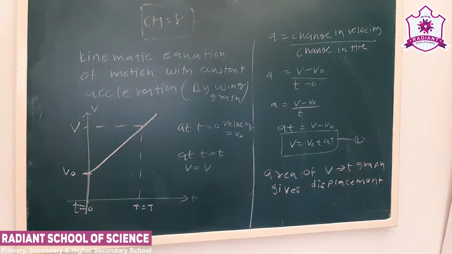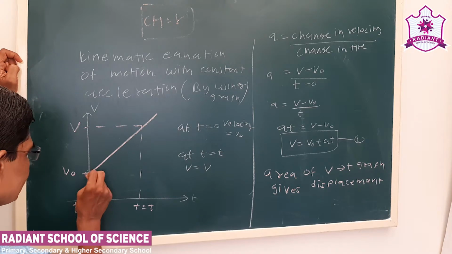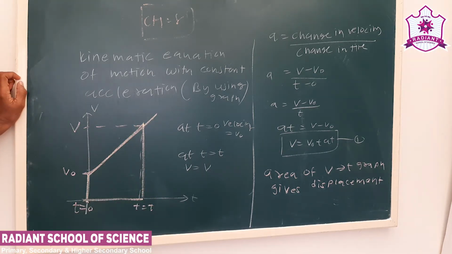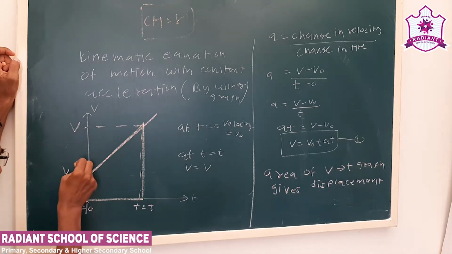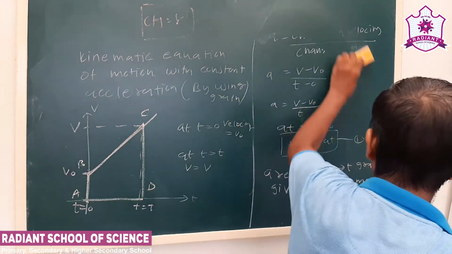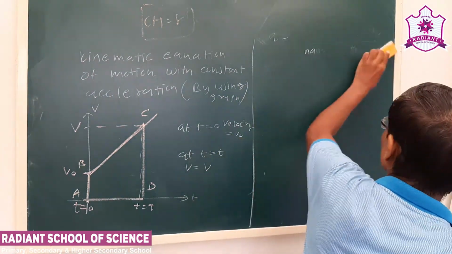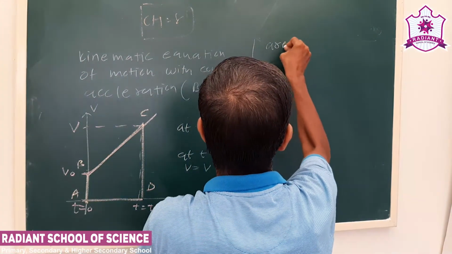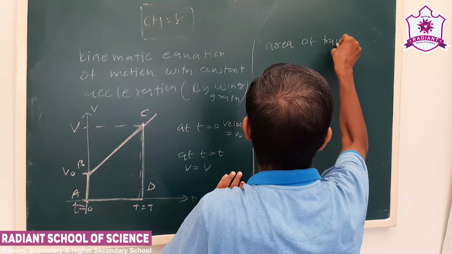Now see what is the geometric shape we see here. We know it is a trapezium. We have to find out the area, that will give the displacement. Now what is the formula for the area of a trapezium?